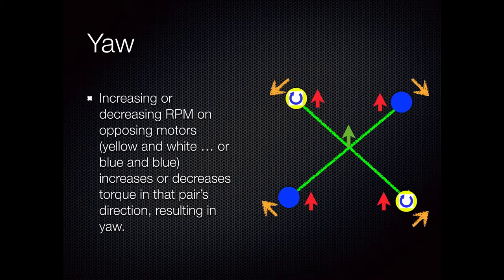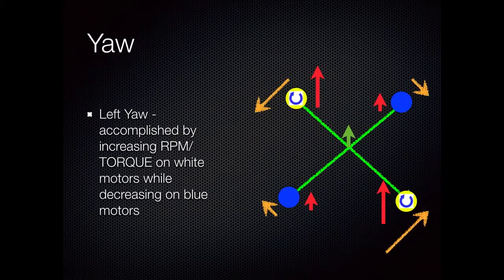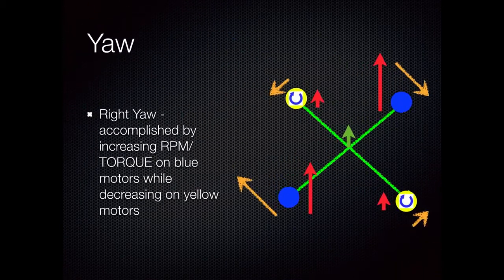And that way the quadcopter would yaw to the left. And that's shown graphically here. So we've increased the RPM on opposing pairs of motors, which also results in increasing the torque moment in that direction. So in this case, you would get a left-hand yaw. Now, just the reverse of that, we would get a yaw to the right.